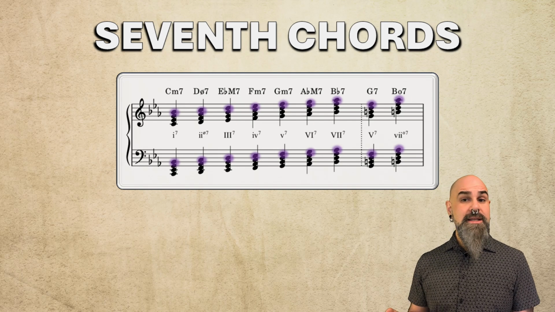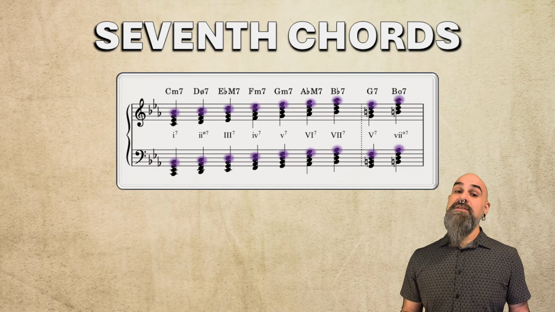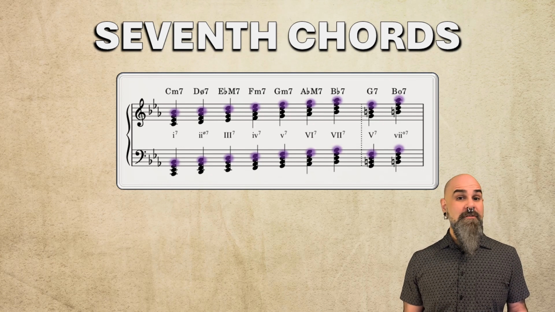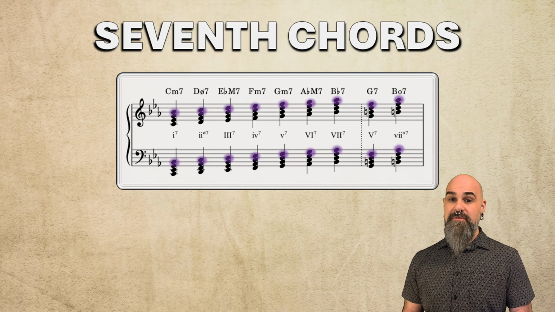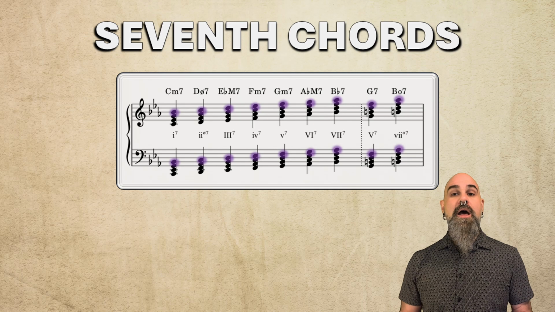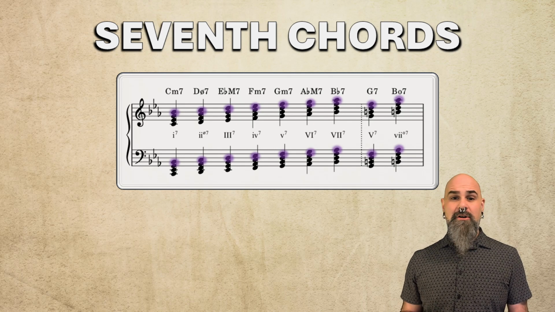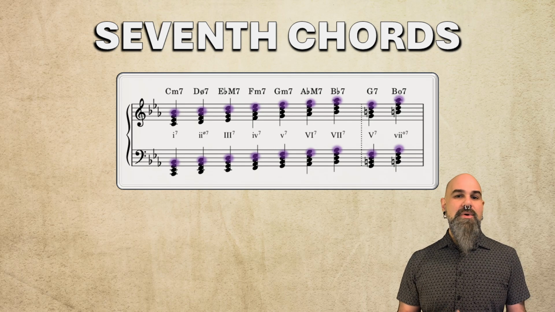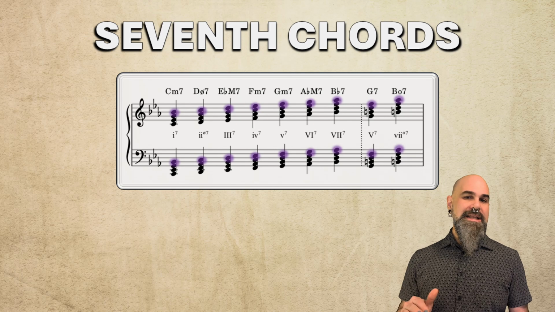When we raise the leading tone in minor, that adds a dominant 7 chord on 5 and a fully diminished 7th chord on 7. That 3 augmented chord is already rare, and adding a 7th to it is even less common, so we're going to leave it out here.